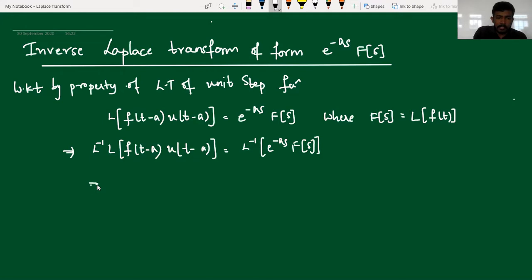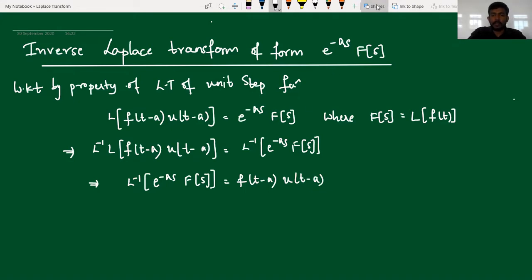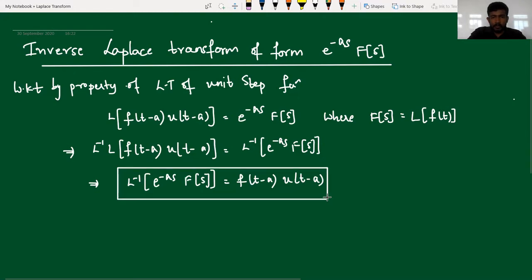This implies the inverse Laplace transform of e power minus as into capital F of s is given by the function f of t minus a into the unit step function u of t minus a. We make use of this result to find the inverse Laplace transformation of a function in the form e to the power of minus as into F of s.